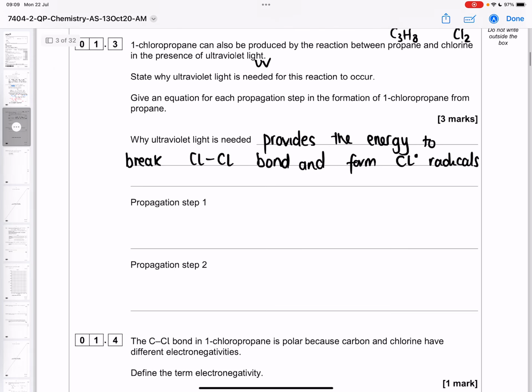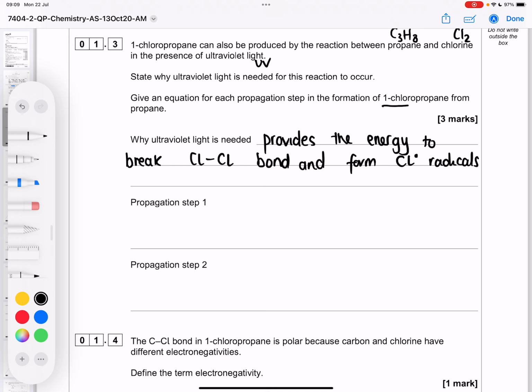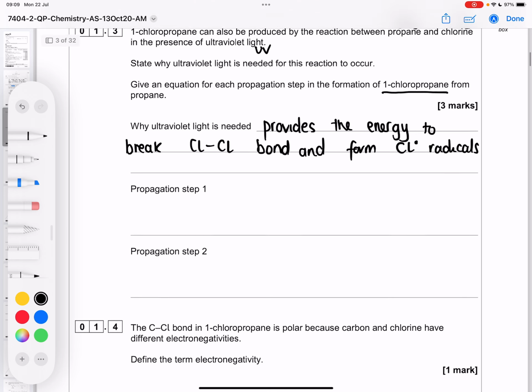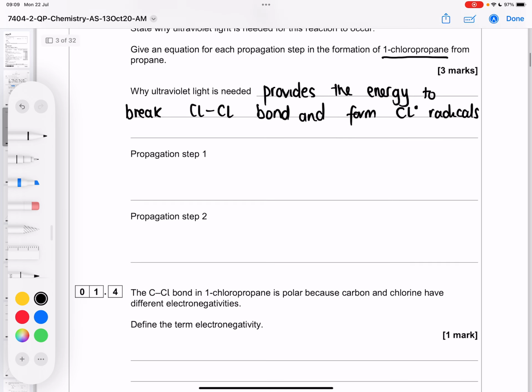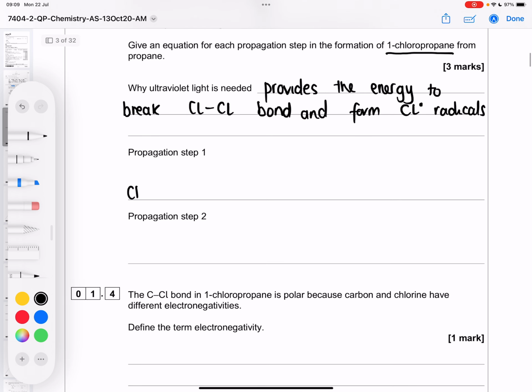And then it wants the propagation steps, but it very specifically wants them to form 1-chloropropane. So we must show the structural formula of propane and not use molecular formula so that we can show the location of the radical. So our chlorine radical is going to remove a hydrogen from position number 1. So I'm doing 1 on the right here.